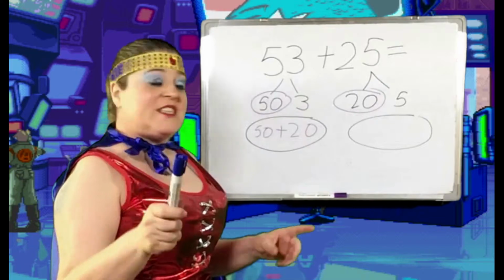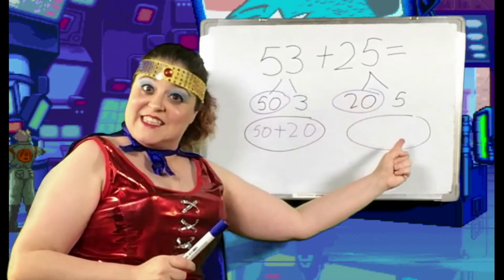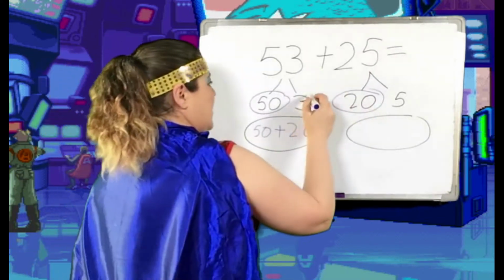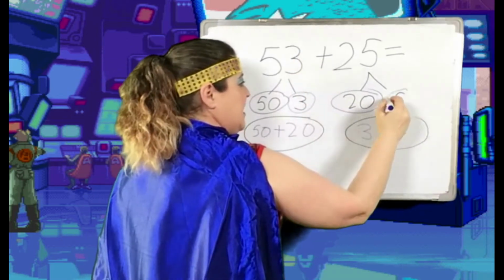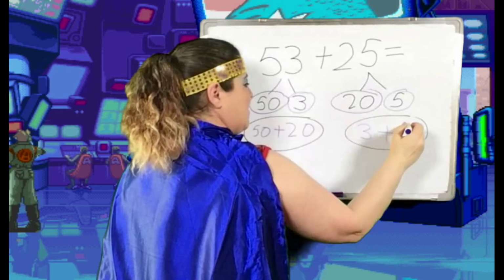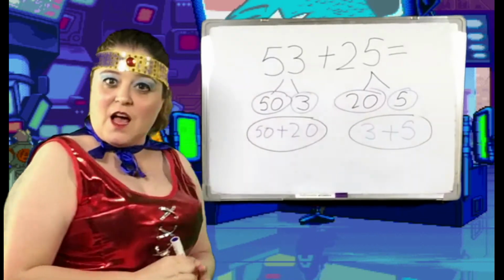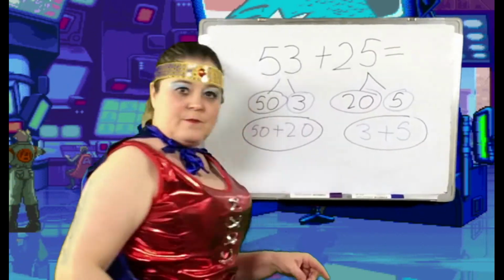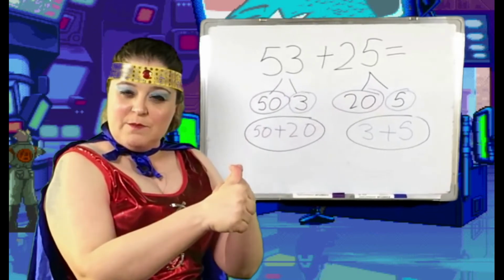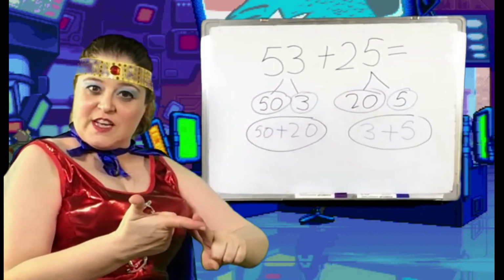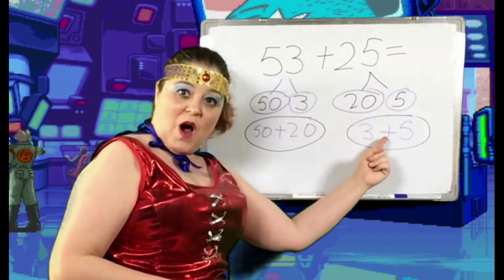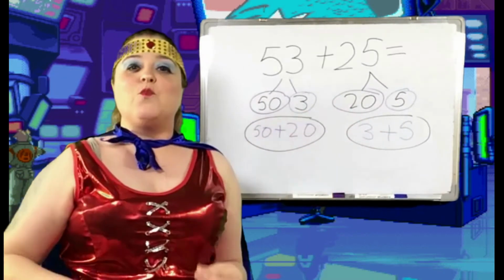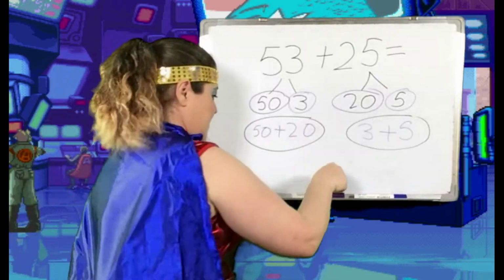Next, we put the ones in the second circle. So, in the first number, we have a 3. In the second number, we have a 5. So, partition, draw 2 circles, 10s in the first circle, 1s in the second circle, and then we add.